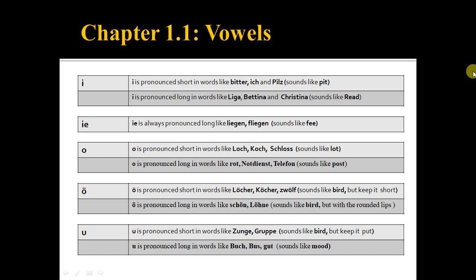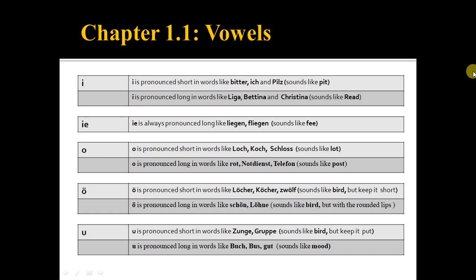The next vowels are the three different special characters in this language: ä, ö, ü. So this is my ä, very different to practice and hard to master. Ä is pronounced short in words like Löcher, Köche, zwölf. It sounds like bird, but we keep it short: bird, Löcher, Köche, zwölf. Ö is pronounced a little longer in words like schön, Löhne, Leonie.